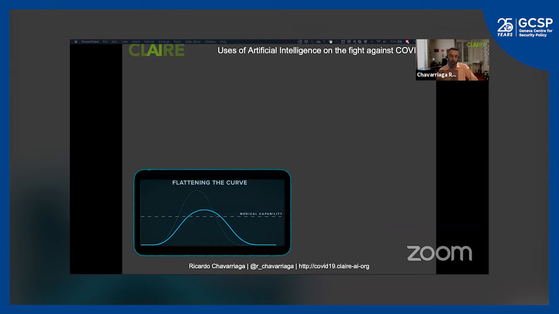It has become a sort of universal motto in the responses to the current pandemic. If we think about the concept of flattening the curve, it is to reduce the spread of the pandemic so as not to overload the medical capacity.